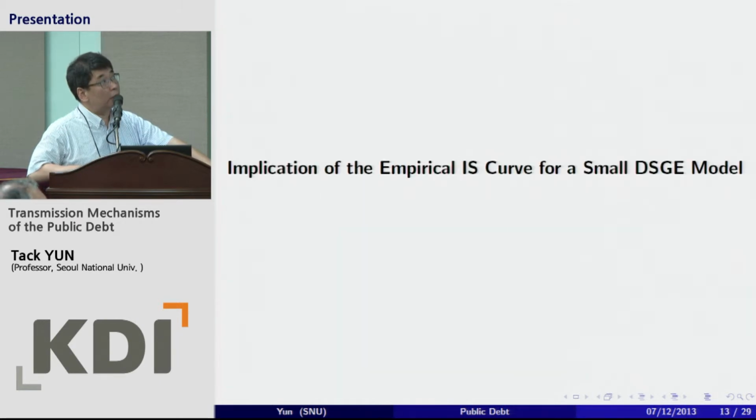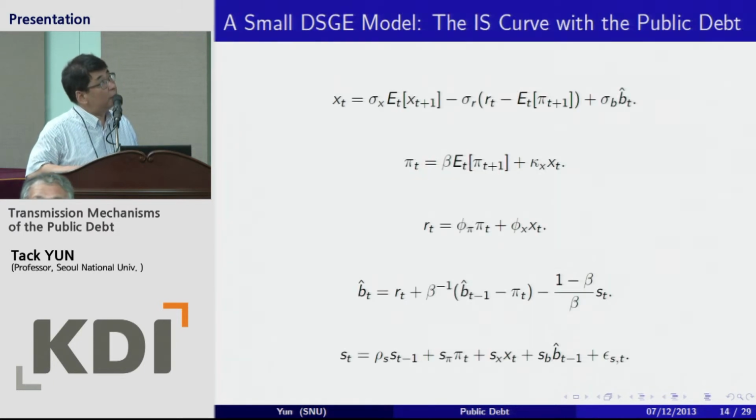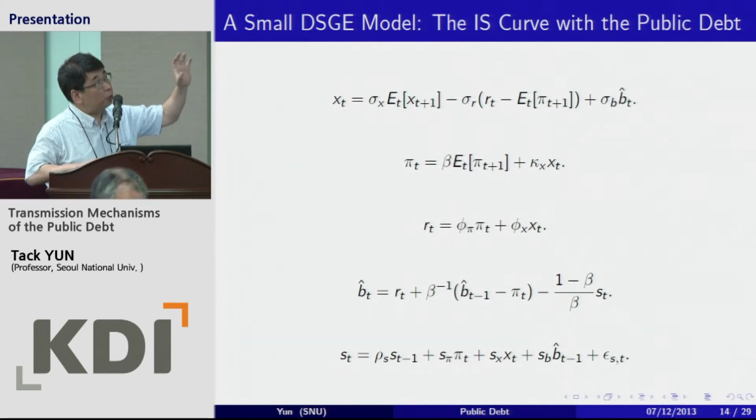And then given this result, what would be the implication of the empirical IS curve for a small DSGE model? Here, what I did is put the IS curve with public debt into the prototypical New Keynesian model. The first line is the IS curve. The only difference from the prototypical specification of the New Keynesian model in the Woodford textbook is BT hat, which is included.